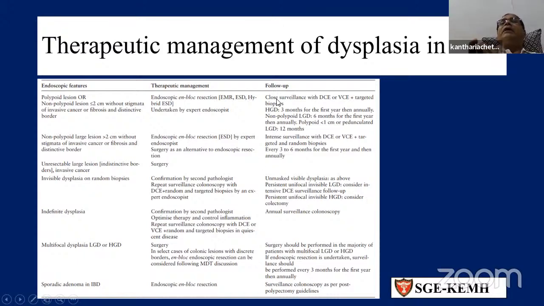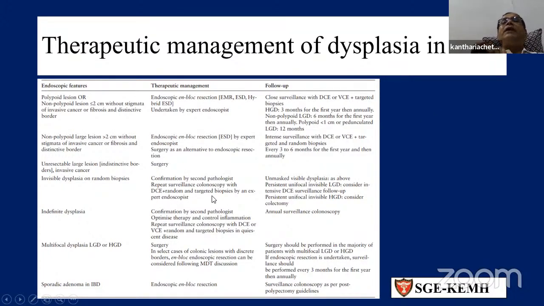Again, like above, you have to surveil this patient periodically, every 3 to 6 months for the first year and then annually with a colonoscopy. For an unresectable large lesion, or with invasive carcinoma, invasive dysplasia, or random biopsy, again, you do surgery. You need to confirm the report by a second pathologist before undertaking this.